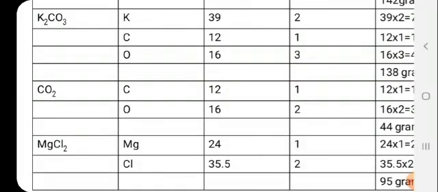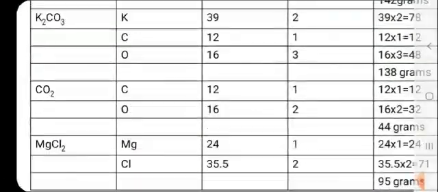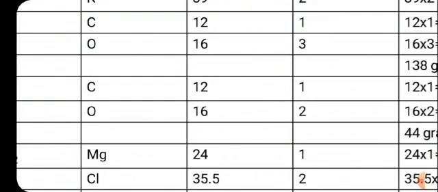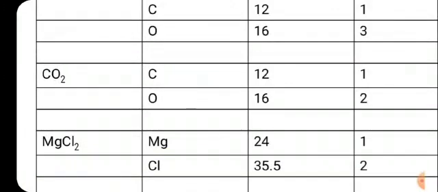Next compound is magnesium chloride. Constituent elements are magnesium and chlorine. Atomic mass of magnesium is 24 and atomic mass of chlorine is 35.5. In MgCl2 there is a single atom of magnesium and 2 chlorine atoms.